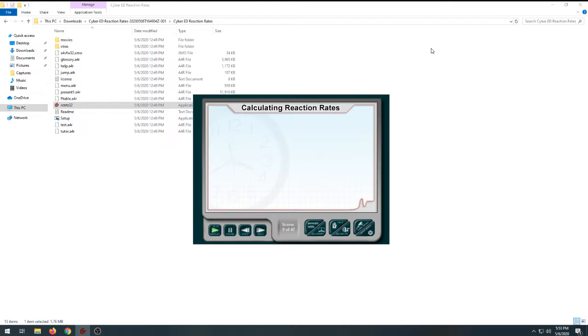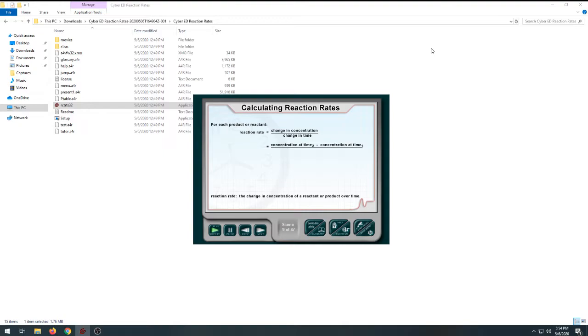Now that you can determine the concentration of all the reactants and products, you can learn to calculate reaction rate. The reaction rate of a given product or reactant is the change in the concentration of that reactant or product per unit of time. In mathematical terms, the reaction rate for a given reactant or product equals the change in its concentration divided by the change in time.